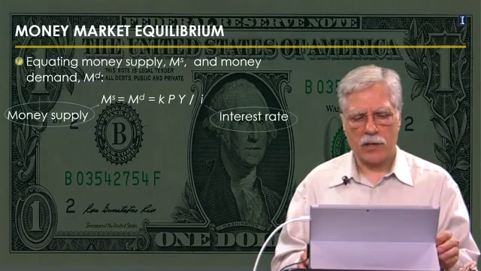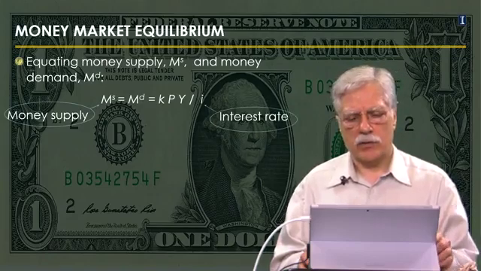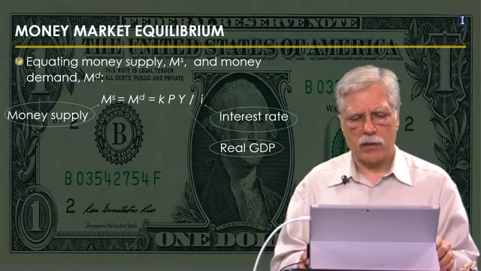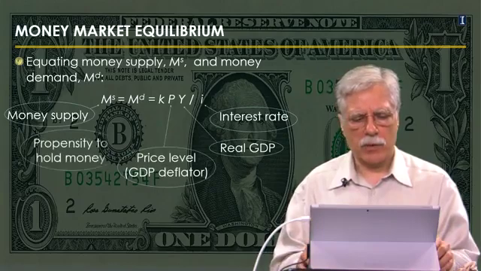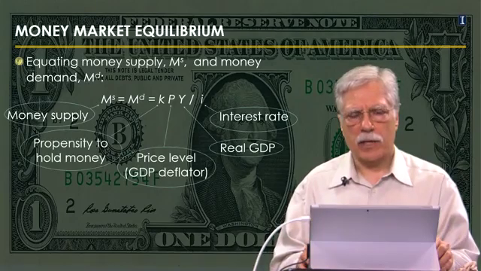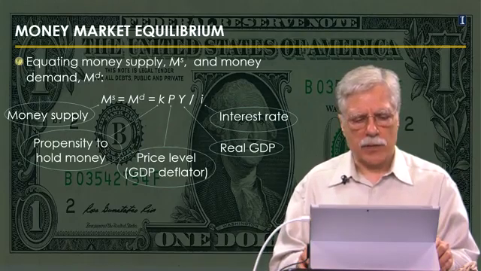On the right-hand side, we have KPY over I. I is the interest rate, Y is real GDP, P is the price level. We can use the GDP deflator for this purpose, and K is the propensity to hold money.